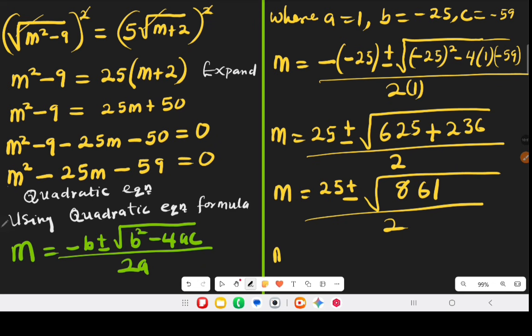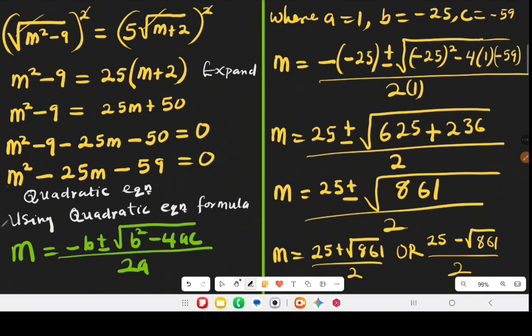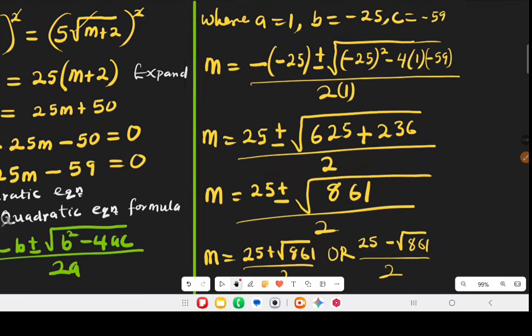Then m is equal to 25 plus the root of 861 all over 2, or we consider the minus sign, which gives us 25 minus the square root of 861 all over 2.